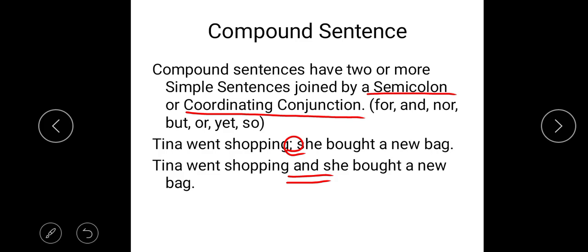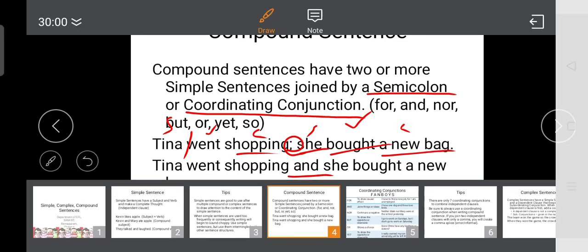How do we identify two simple sentences? We saw that a simple sentence has a subject, verb and object, or subject, verb, something like that. So we can see Tina subject, went verb, and shopping complement. And we have another, she bought a new bag: she subject, bought verb, a new bag complement.